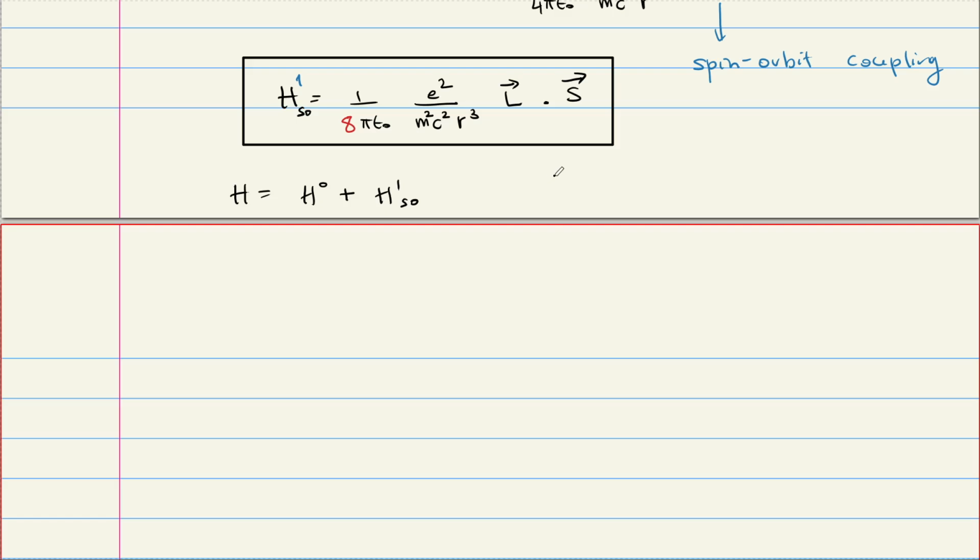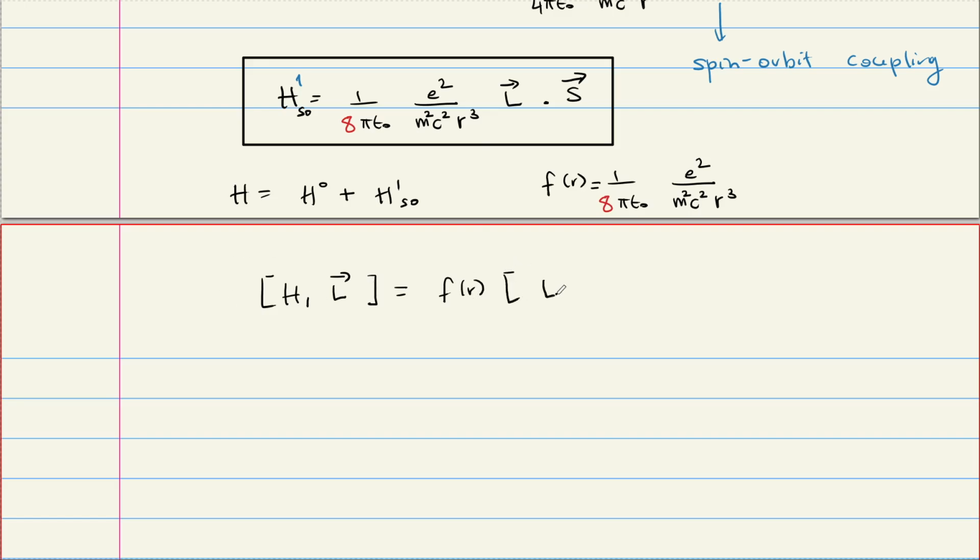So let me call this f of r to shorten the notation. Now, in this new term, H and L, what do you think? Do they commute or not? They are not going to commute because of this. There will be this f of r term. This is spherically symmetric, so I can take it outside the commutator.